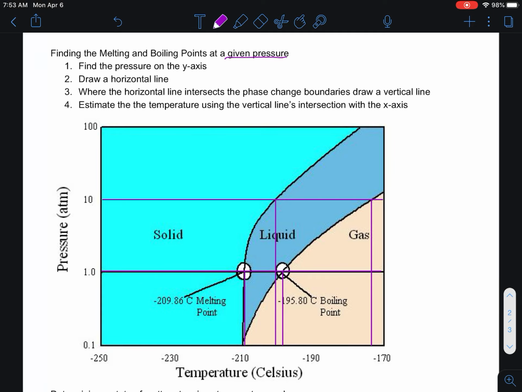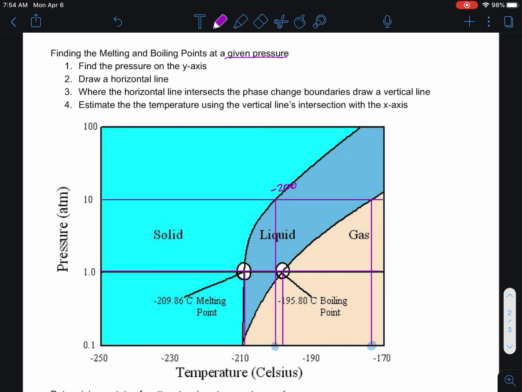And then you'll go ahead and estimate those. So for these new ones, right there and right there, the melting point, solid to liquid, for the same substance at 10 atmospheres of pressure, looks like it's probably 197, 198, maybe around negative 200 degrees Celsius.